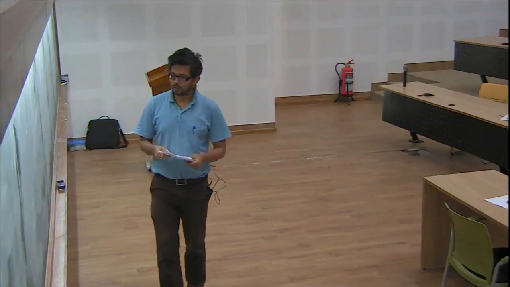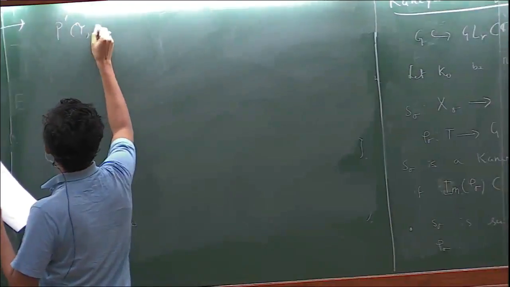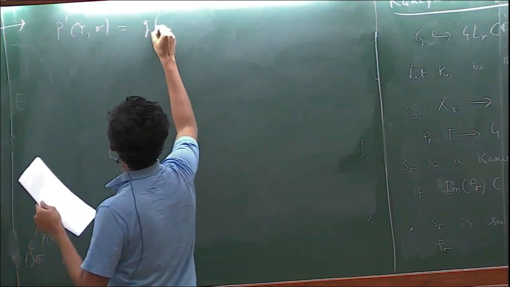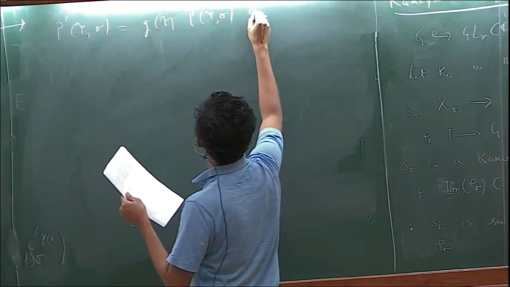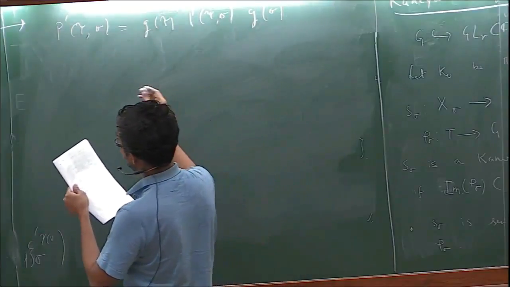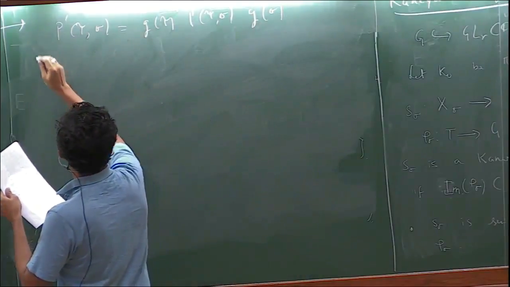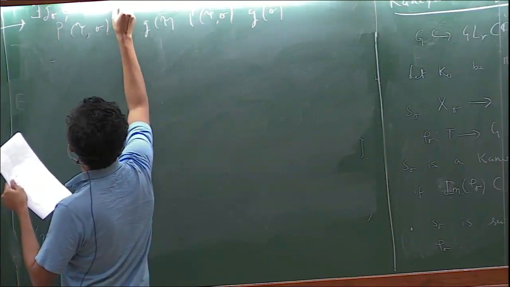And p prime tau sigma is g tau inverse p tau sigma g sigma, where there exists g sigma belonging to G such that.